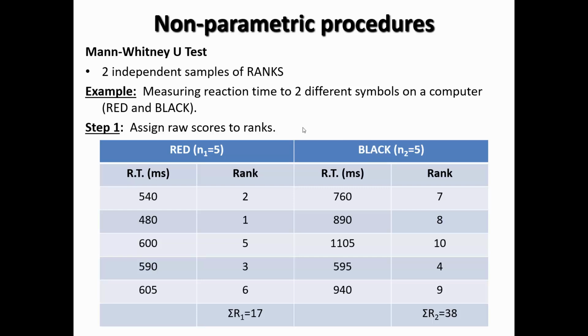The first step here is to assign ranks to these scores. Here we have the raw data, the dependent variable measured in milliseconds, for the 5 individuals in the red group and the 5 different individuals in the black group.